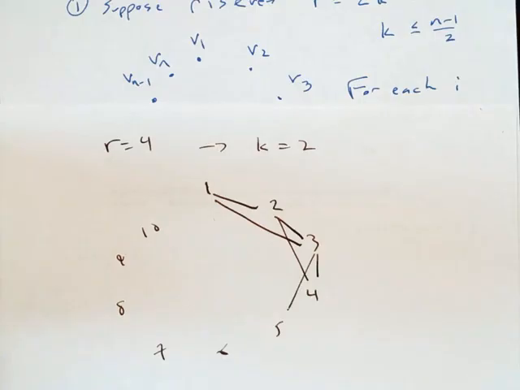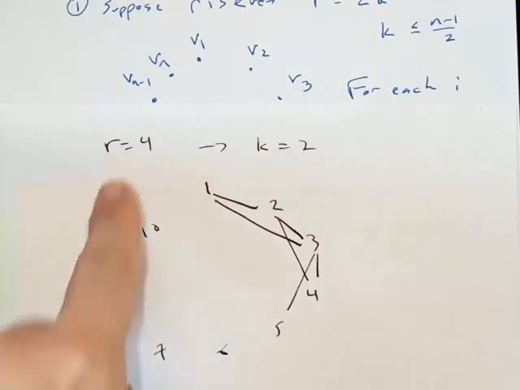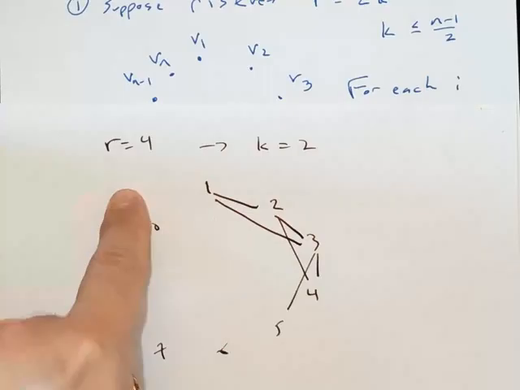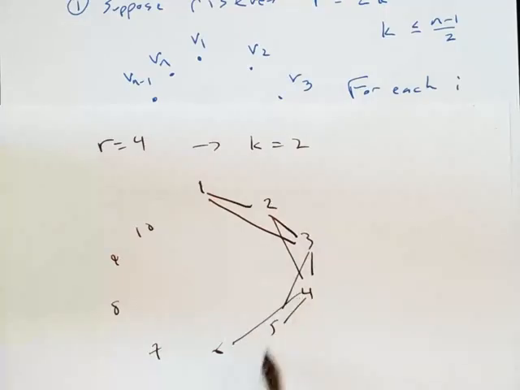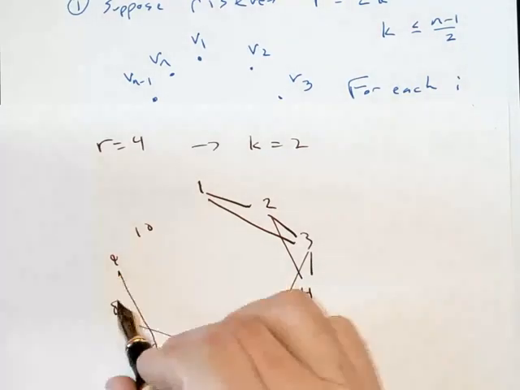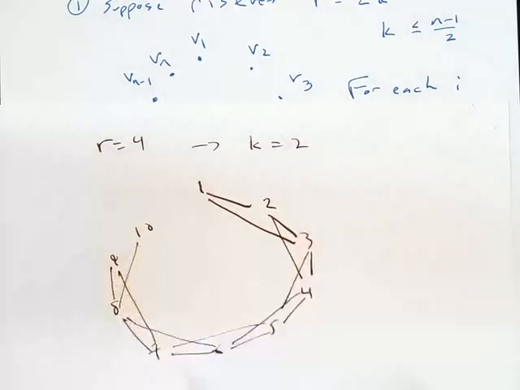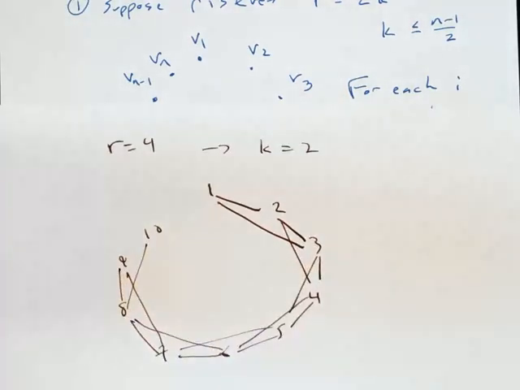Wait a second. Look at the last vertex. How many things does it connect to? Five, six. What's about to happen?